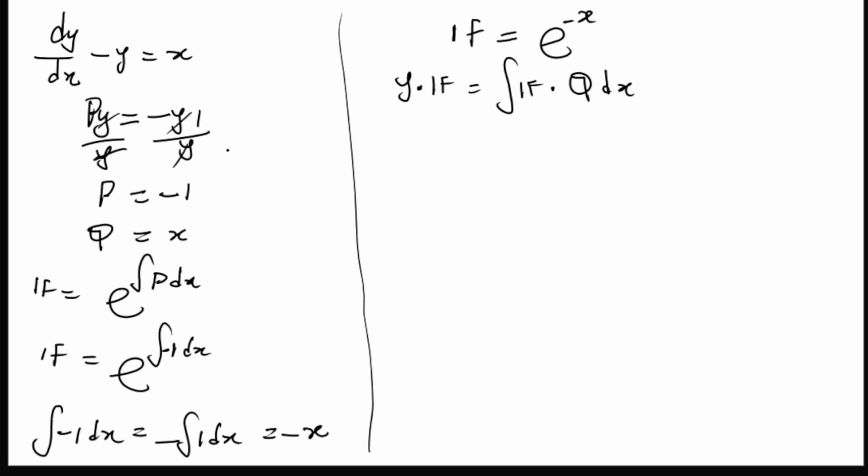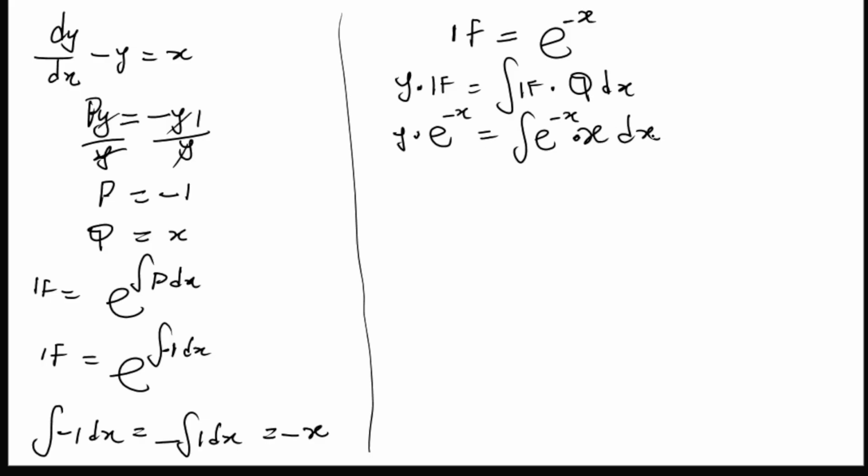We already know what our IF is, right? So we are to look for y. So your y multiplied by your IF, which is exponential minus x, is equal to integral of exponential minus x multiplied by your Q. Your Q here is x. So you have x dx.